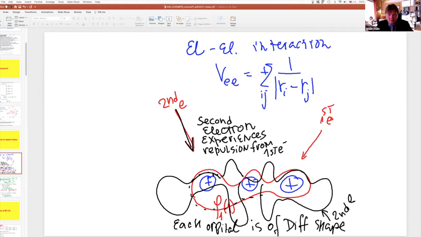Why? Can anyone tell why these balloons take different areas of space? Like if you take different orbitals, they are localized differently. Lina, do you have an idea? So as we said, each electron has a specific state. So each orbital should have a particular space.